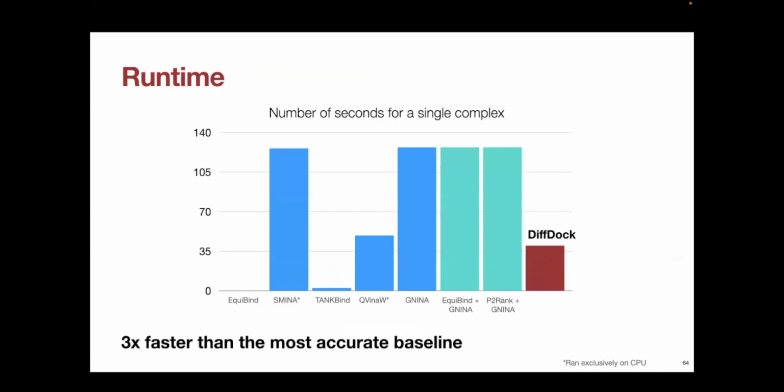It's always a bit hard to compare these methods. So first of all, here is the general number: depending on how many samples you take when you run DiffDock, it takes either 10 or 40 seconds on the GPU.